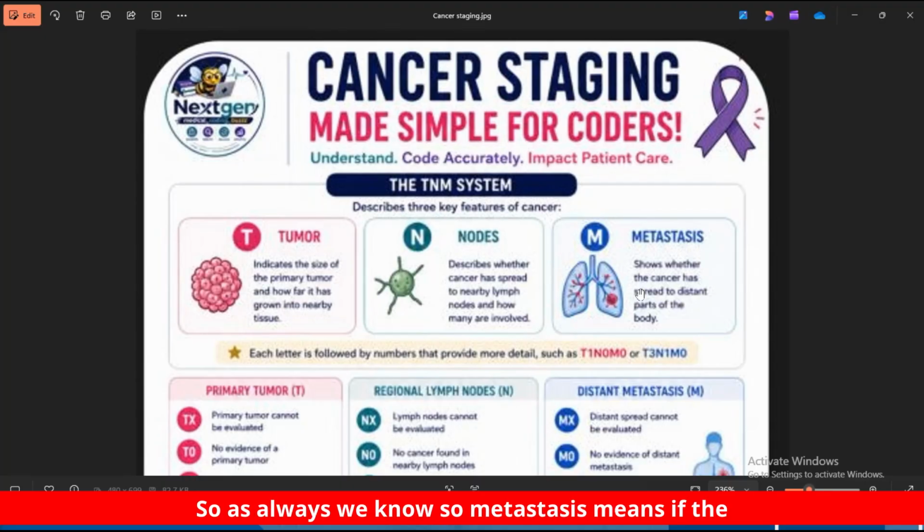As we know, metastasis means the patient has cancer spread to another organ. For example, the patient has breast cancer and that cancer spreads to the lung. In that case, breast cancer is T and lung cancer is metastasis, because the lung cancer is secondary, spread from the breast cancer.